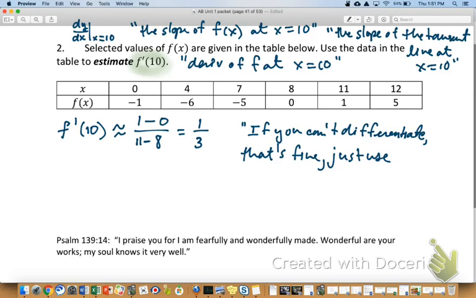Something with line. Tangent line? Not tangent line. You just use the slope of the secant line. And that's what we did. We used the slope of the secant line to help us approximate the numerical value of a derivative. And that's the best we can do based on the information we have.